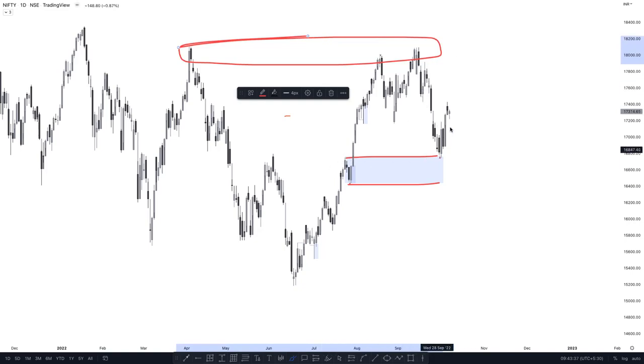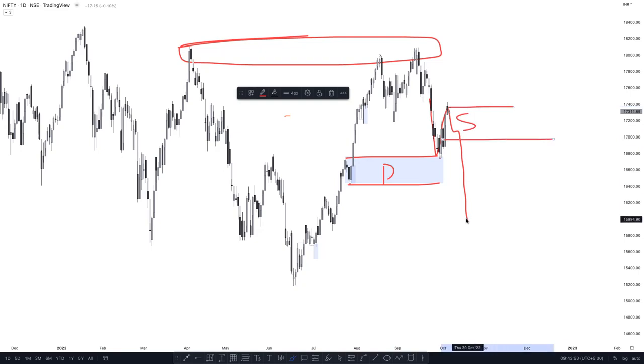Market taps on the recent demand zone, gives a reaction and then fails. So this demand converts into supply, and here we can see another supply. We should wait to mitigate this one, and then we can sell. This is called a flip. Flip means demand converts into supply or supply converts into demand.